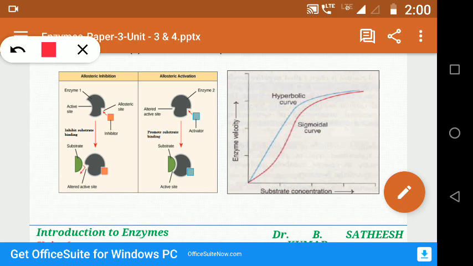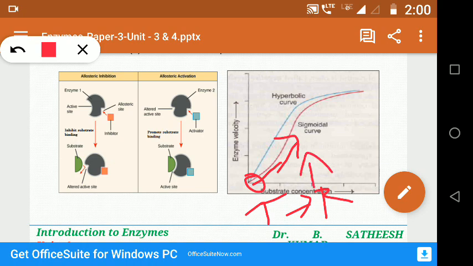At the beginning of this reaction, the substrate levels are very low. As we add more amount of substrate, that substrate will gradually convert the T state to R state. So we are getting more amount of R form enzymes.